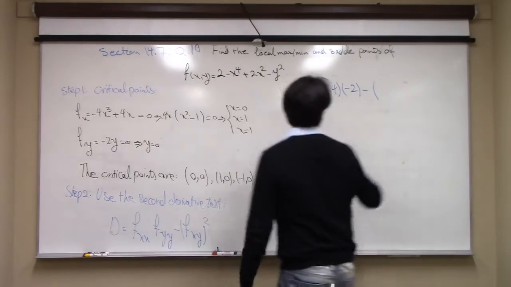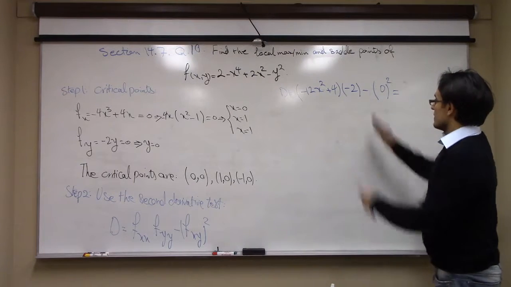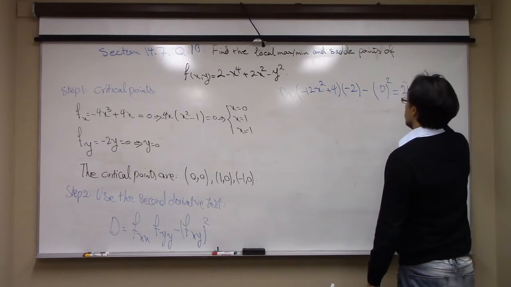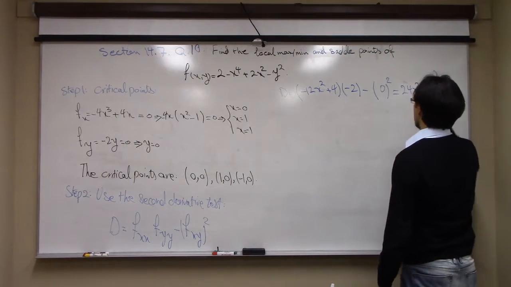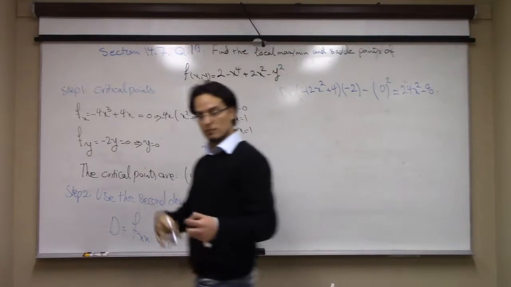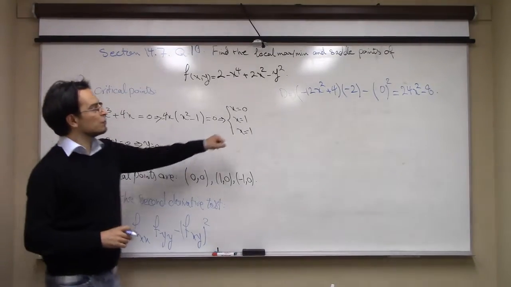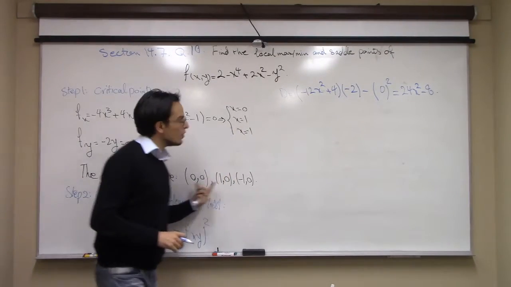There's no y there, so that means it's 0. Then we can multiply, and it's 24x squared minus 8. So that's my D.